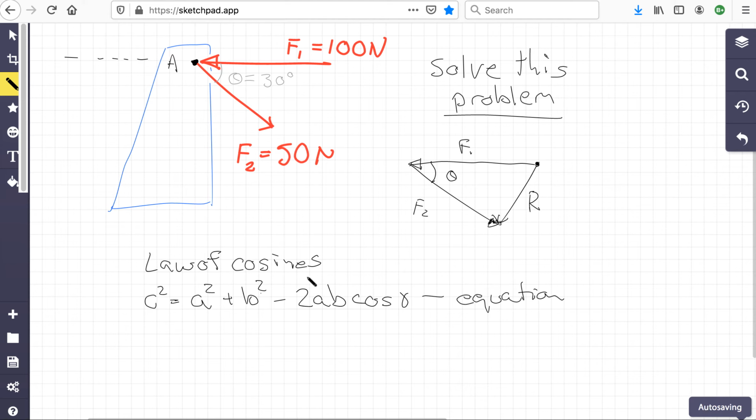We want to apply this equation to this problem.